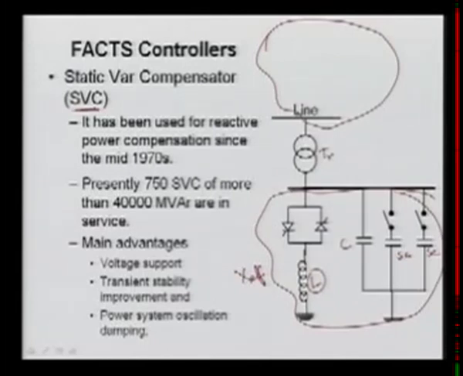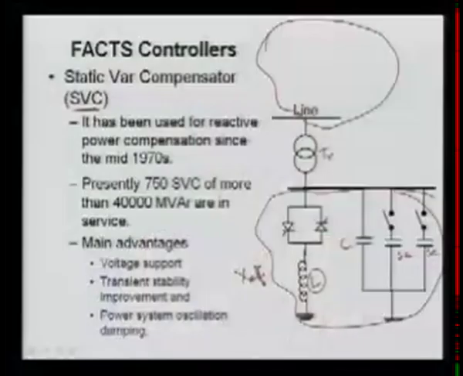So the static VAR compensator has been used for reactive power compensation since the mid 1970s. It is more than 36 years old device, and till today more than 750 SVC devices are in the system, and they are basically providing 40,000 MVAR right now. There are many locations in India also.